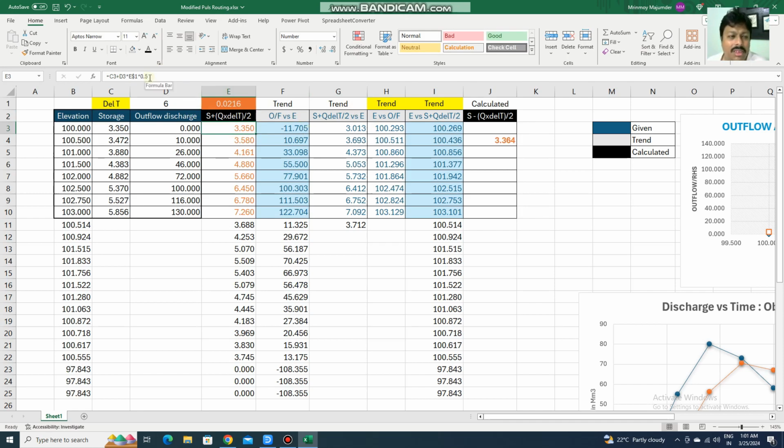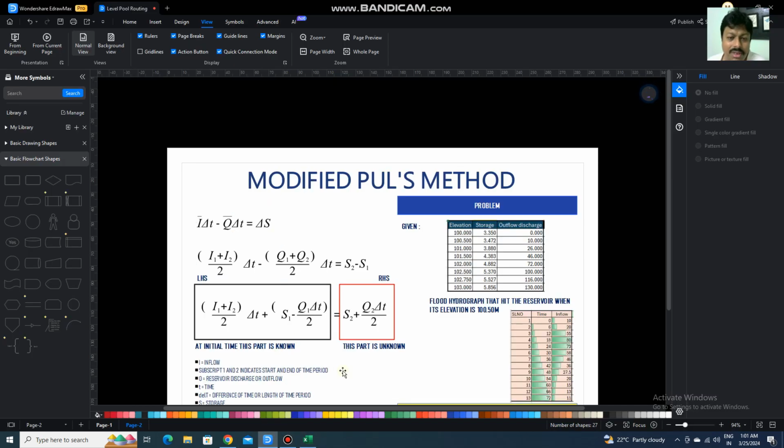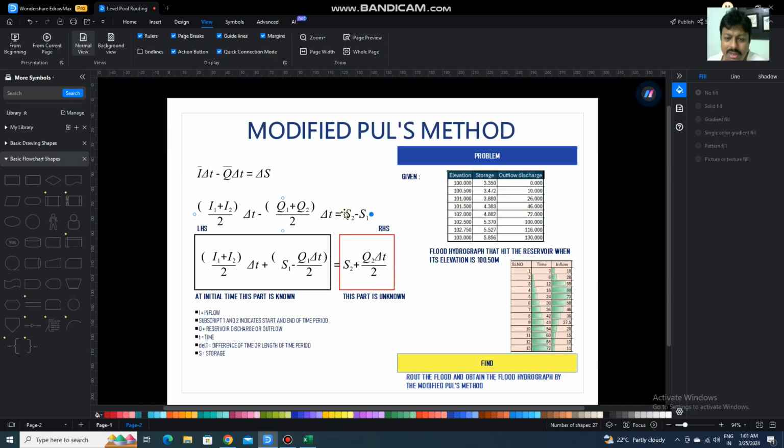So we have this S plus Q del t by 2, we calculated, and it comes as 3.350 for the initial time step. So similarly you have to calculate for the initial elevation, storage and discharge. That means the RHS of this equation, where the equation is this one.